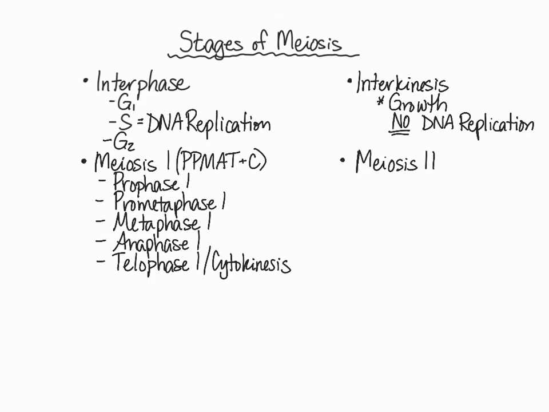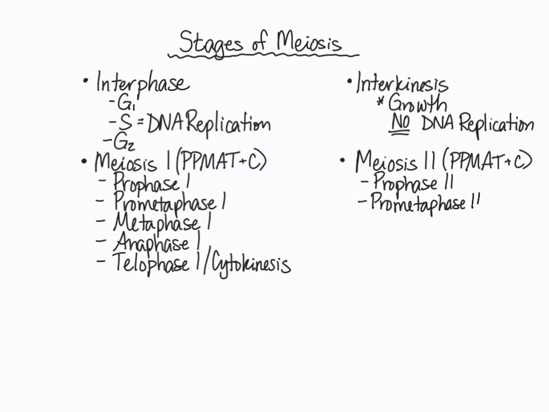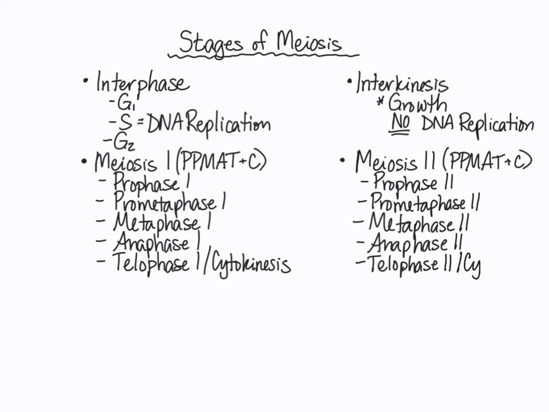Once again, Meiosis II has those same steps of PP, MAT, C. The first step is going to be prophase II, followed by prometaphase II, then metaphase II, anaphase II, telophase II, and another round of cytokinesis.